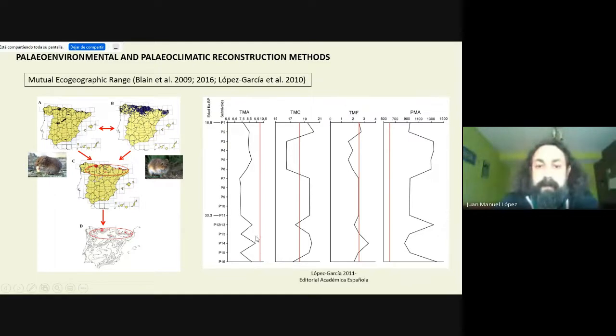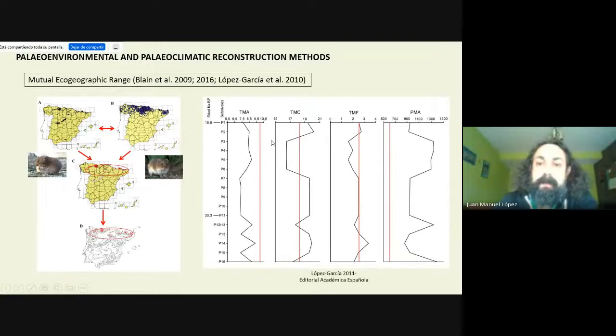And this is another example with the reconstruction of a site of Atapuerca, the Portland site, a Pleistocene site. The red line is the current values of mean annual temperature. This is warmest month, coldest month, and, because it's in Spanish, I'm sorry, mean annual precipitation, and the different values that we obtained with the small mammal assemblages.